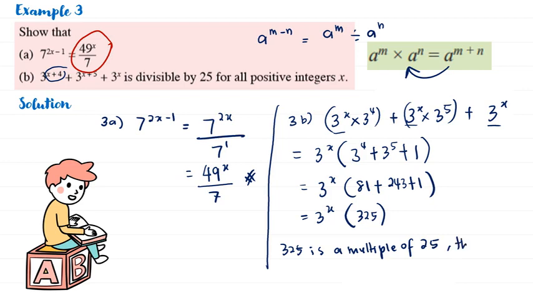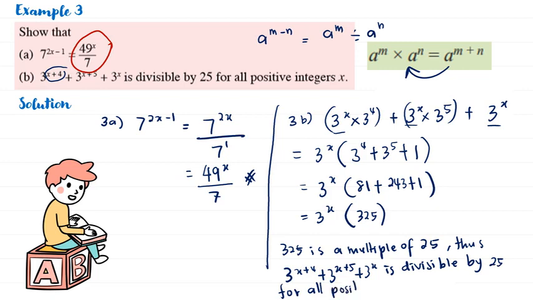So 3 to the power of x plus 4, plus 3 to the power of x plus 5, plus 3 to the power of x is divisible by 25 for all positive integer x. So you just write the conclusion similar to the question. This is the answer for question 3b.